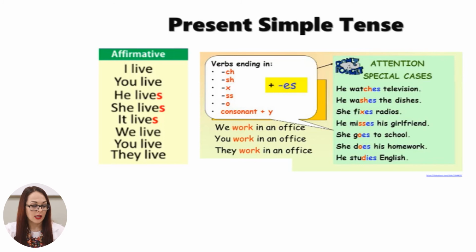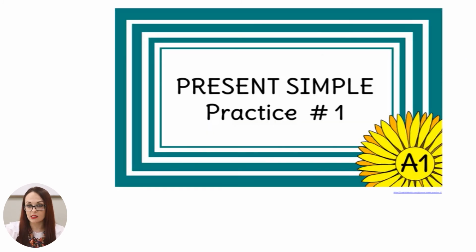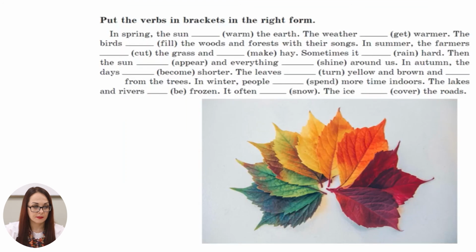Okay, so now let us practice the present simple and use the vocabulary on seasons. You will have some time to look at the task. And here you have to put the verbs in brackets in the right form. So let us see what is the correct present simple verb form in each of the sentences.